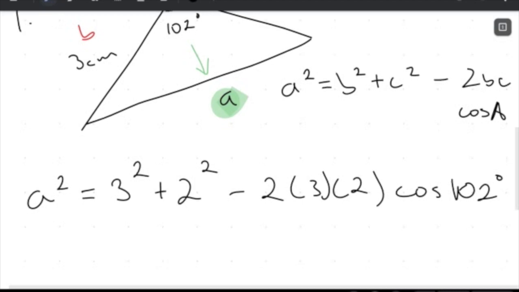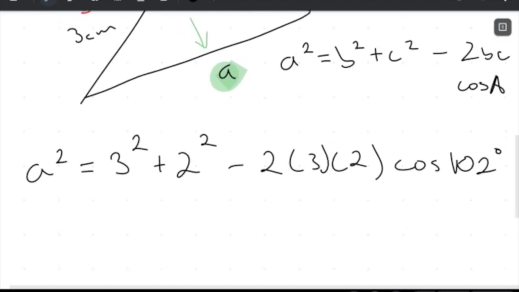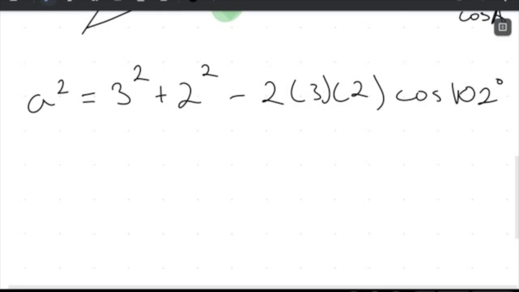And now we can just solve it. Before we do though, we have a squared equal to the right hand side, so I can find what a is by taking the square root of both sides.